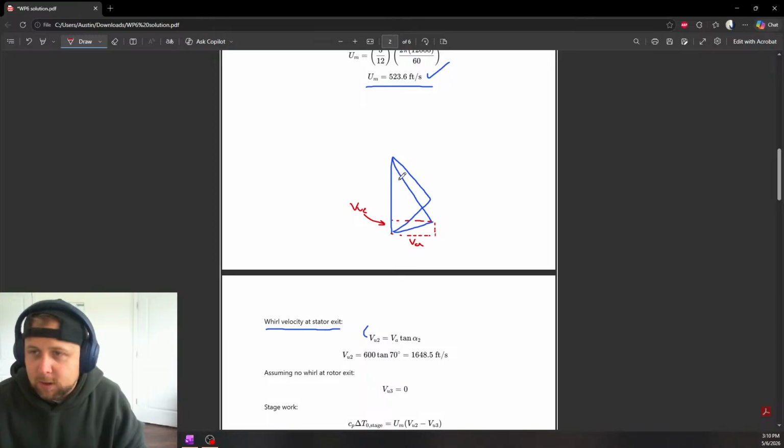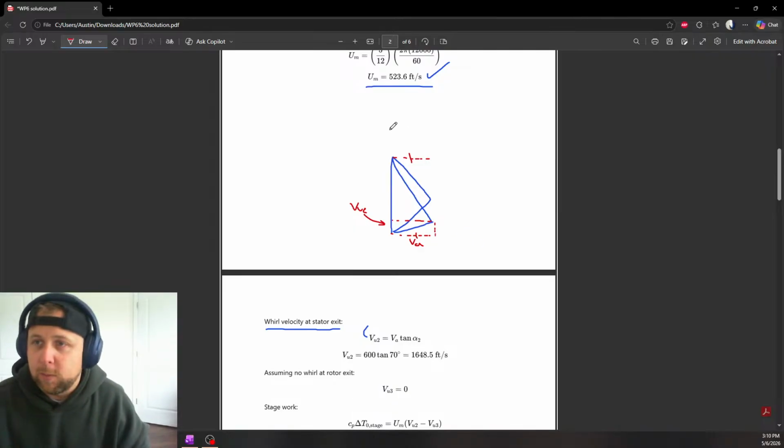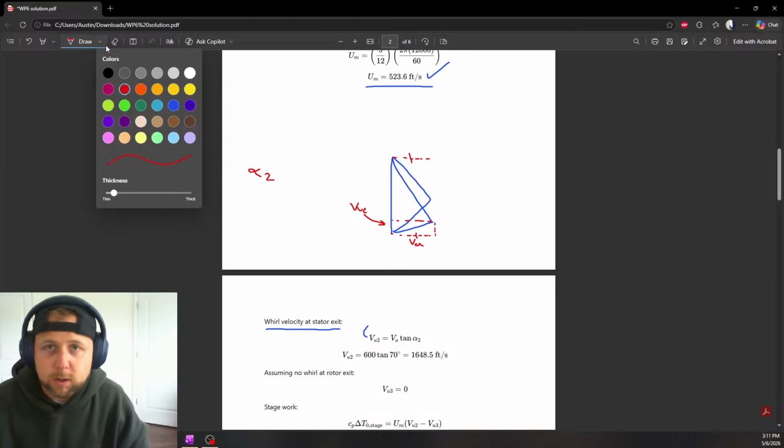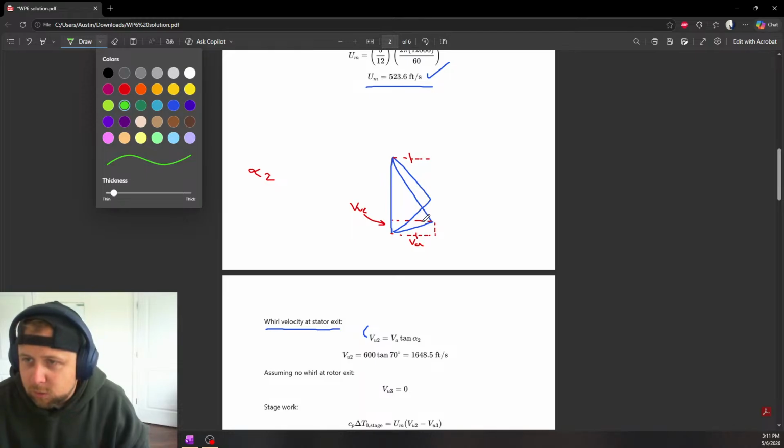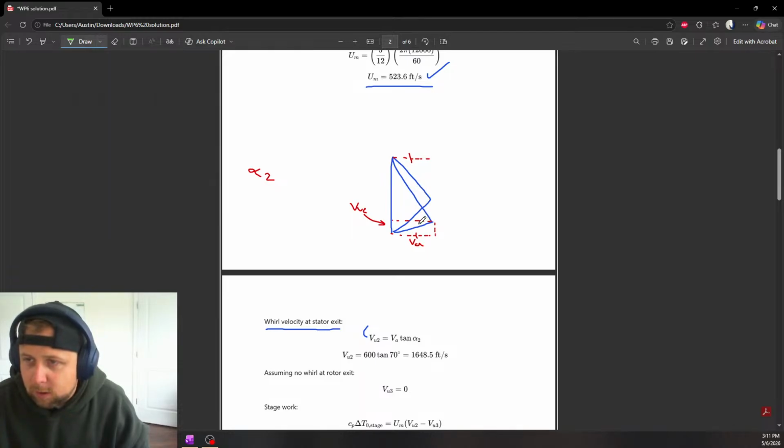Because this and this are equal. And then we also were given alpha 2, which should be, do green, should be right here, if I remember that correctly.